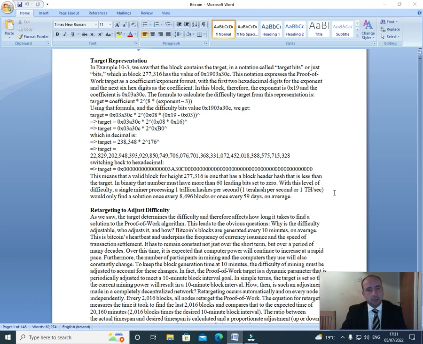Target representation. In example 10.3, we saw that the block contains the target in a notation called target bits, or just bits, which in block 277316 has a value of 0x1903A30C.